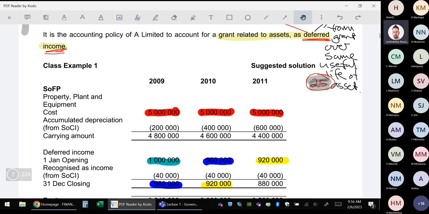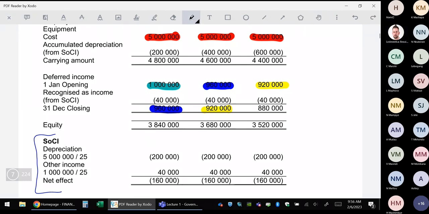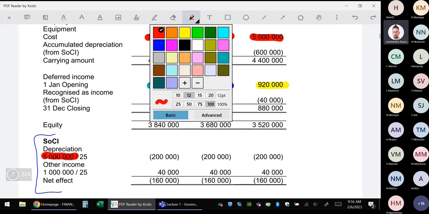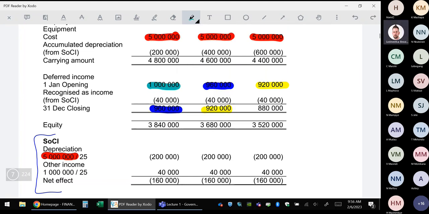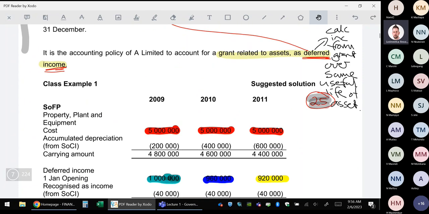Right. So our basic principle is a cost of 5 million and the grant of 1 million is accounted for by using the same depreciation rate, because the asset's useful life was given as 25 years.